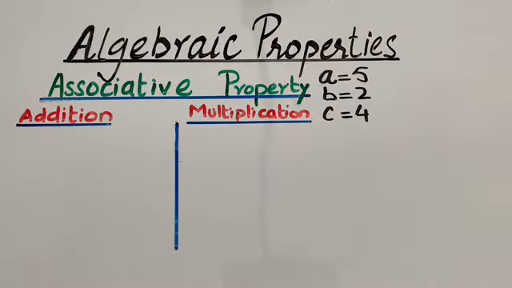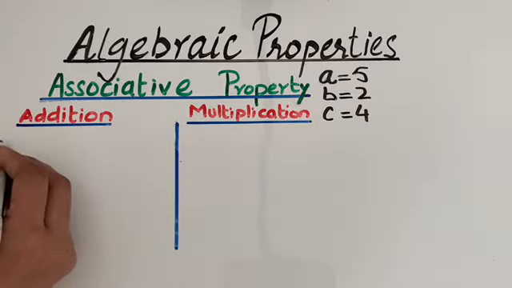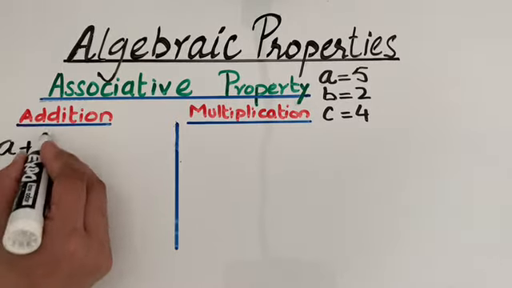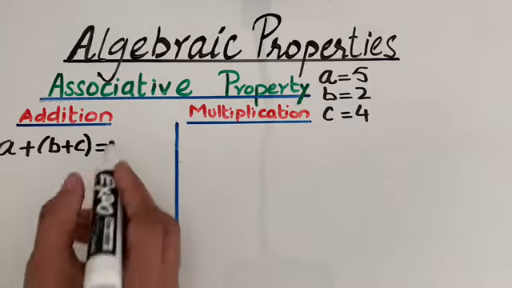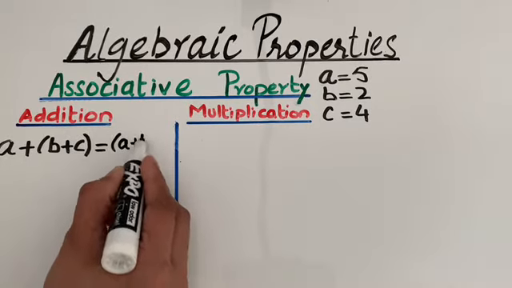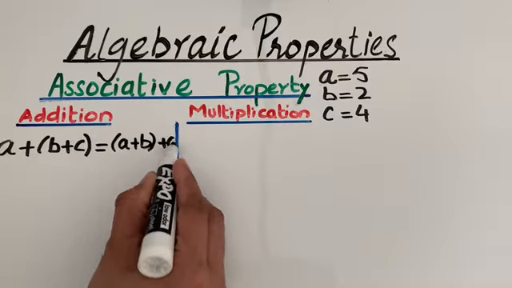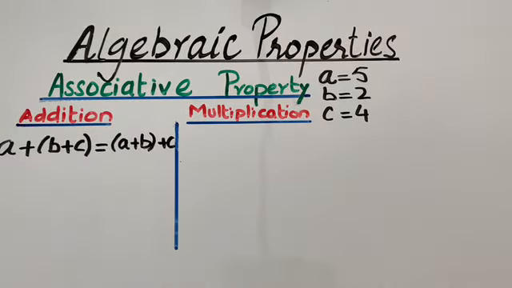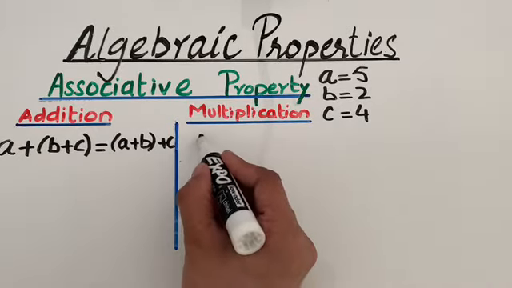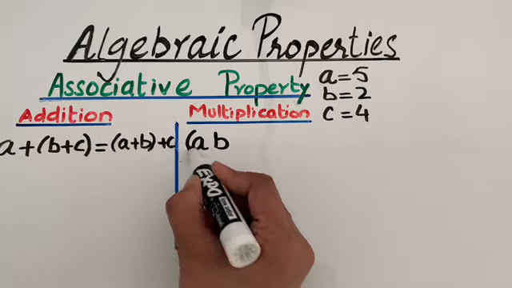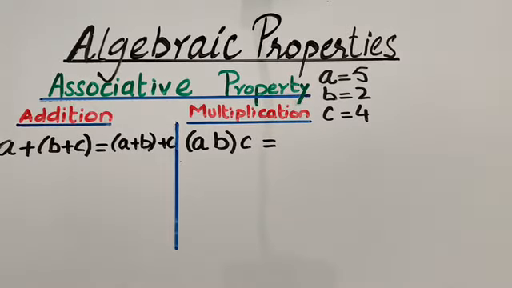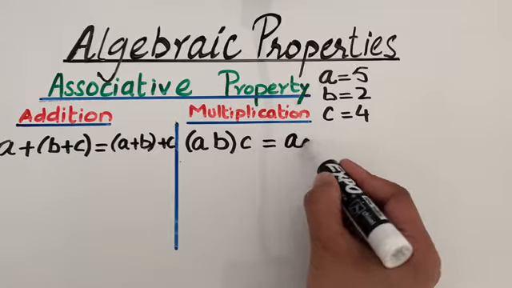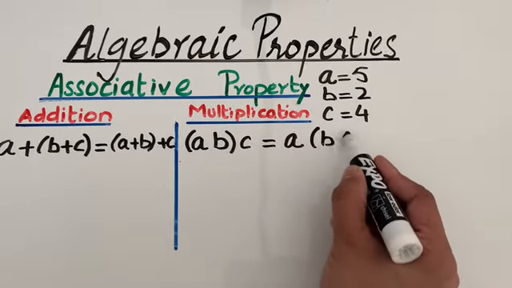So for addition, the associative property states that if I have A added to the quantity of B plus C, I can rewrite it as the quantity of A plus B plus C. Now, the associative property of multiplication says that if I have the quantity of A times B multiplied by C, I can rewrite it as A multiplied by the quantity of B times C.